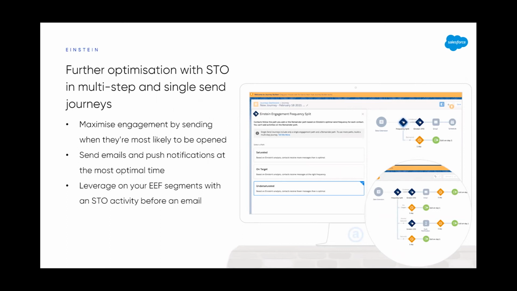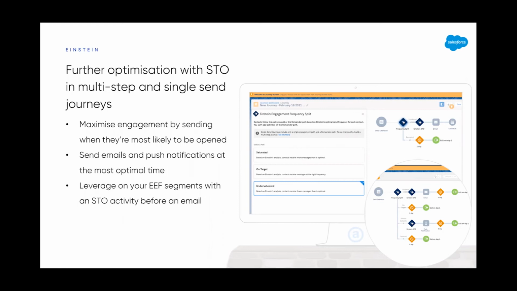Einstein send time optimization takes the guesswork out of when it is the best time of day for your customers that would likely engage with your email based on your customers' historical engagement patterns. Similar to engagement frequency, you may have already been using this functionality in your multi-step journey. Since October 2020 release, Salesforce Marketing Cloud enables you to use the send time optimization activity in single send journey.